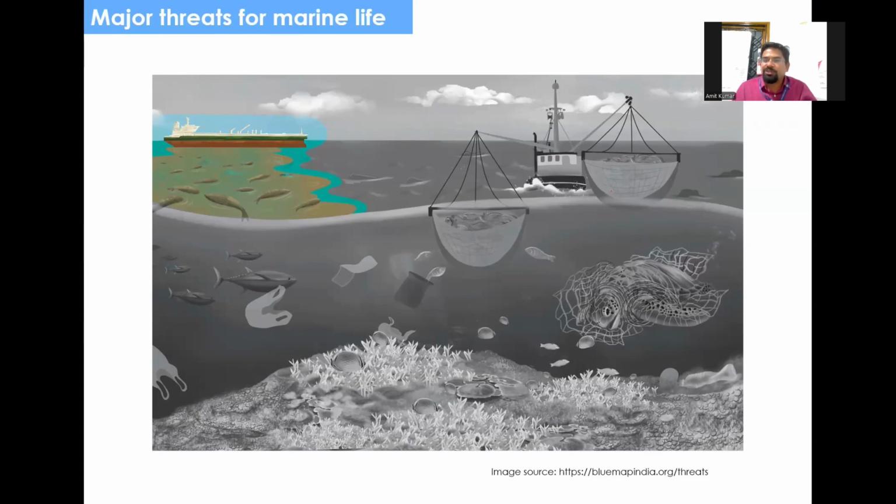Then we have ghost nets, which are a major problem. We have plastic pollution. We have various anthropogenic activities because of which climate change is happening, and overall, directly or indirectly, is threatening the marine life of our country.